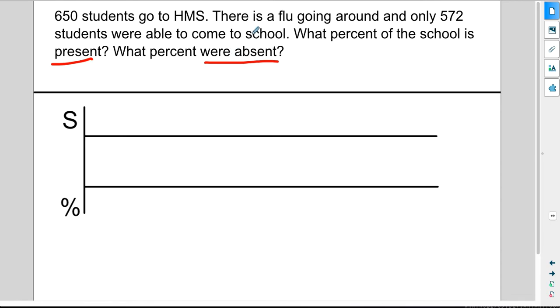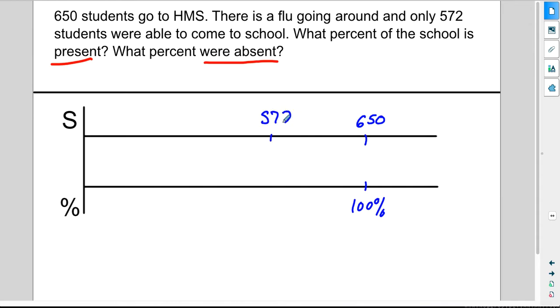So in this example, what we're going to do is label my 650 students as our 100% and our 572 students as a mystery percent. We don't know what that is.